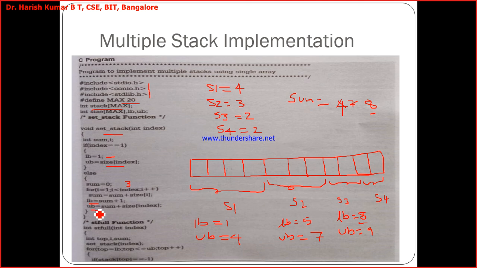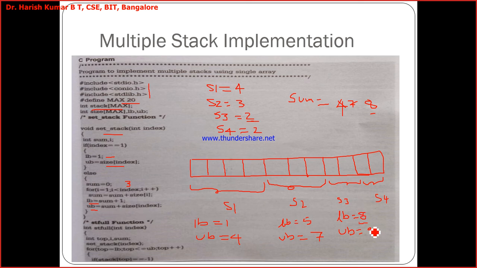And similarly, you've got to find the upper bound of S3. So UB is equal to sum plus size of index 3. Okay. So what is the size of this stack? 2 it is. So now 8 plus 2, 10.